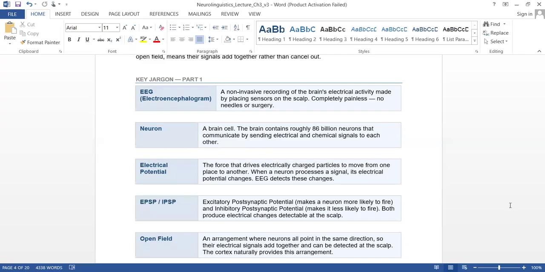Now, excitatory postsynaptic potential makes the neuron more likely to fire, and inhibitory postsynaptic potential makes it less likely to fire.